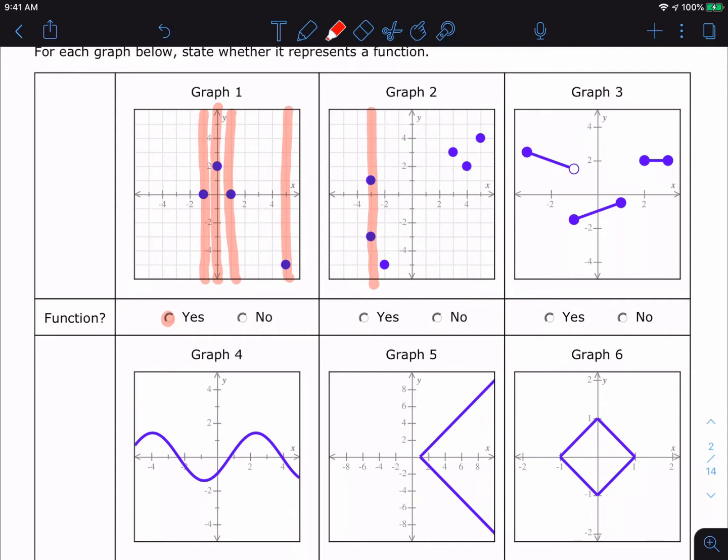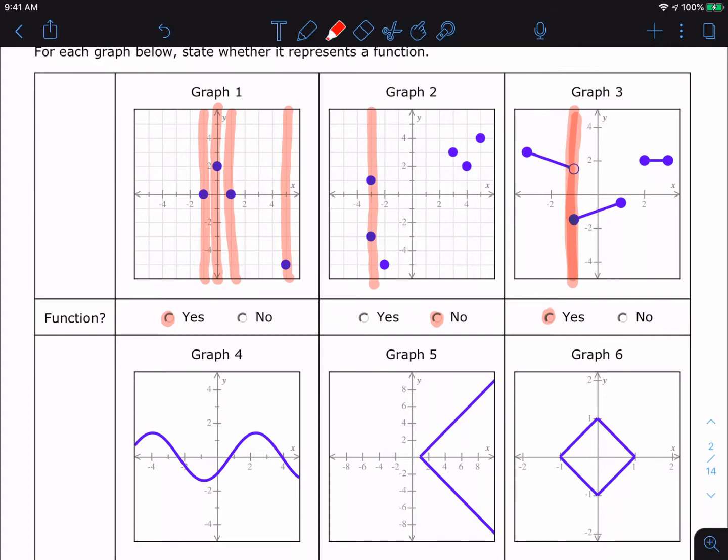Yes, so that means this is not a function. So here, the only place we need to be concerned with is here. It's the only place where we have the potential for 2 dots, but the open circle there means there's only one spot where it's hitting it, right? And so this is a function.